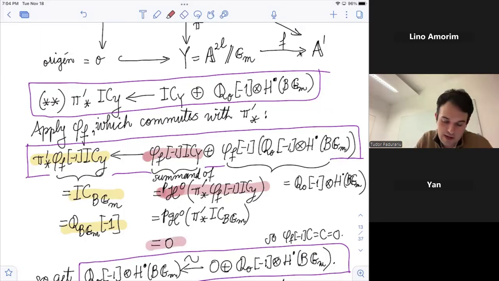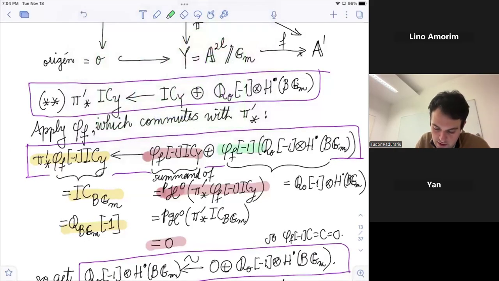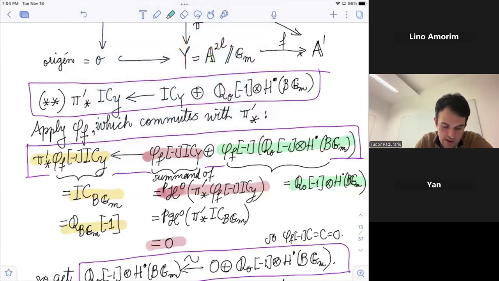And then lastly, we have vanishing cycles applied to the contribution coming from the whole product, which was just the constant sheaf at the origin times the cohomology of BGM. But this is supported at the origin, which is in the critical locus, so it survives. But maybe I made a mistake here.